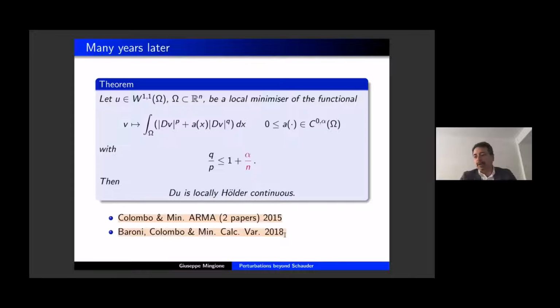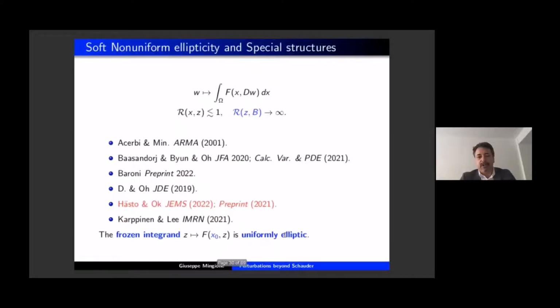What I'm going to talk about in the rest of the talk is how to deal with Schauder estimates for general non-uniformly elliptic operators. Here there's an interesting list of papers, and in all these papers there has been progress on the problem of proving that the gradient is Hölder continuous, but all these papers are for what we now call softly non-uniformly elliptic operators.